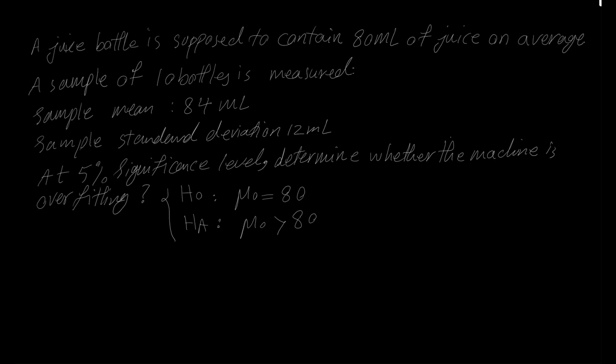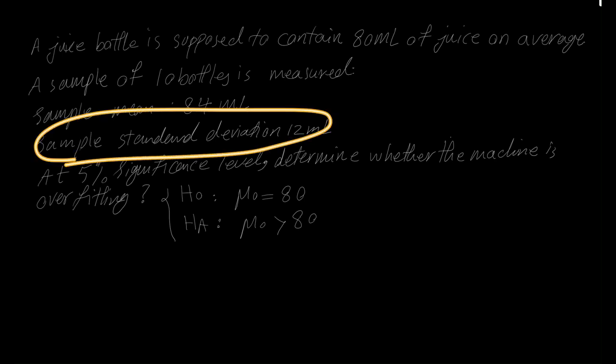Second step is to compute the test statistic. In this case, we have 10 bottles of sample. So the sample size is 10 and is small. And also we have sample standard deviation.